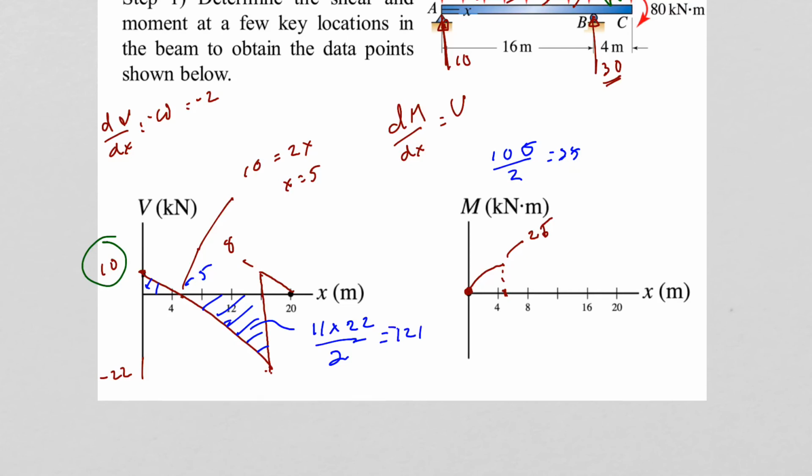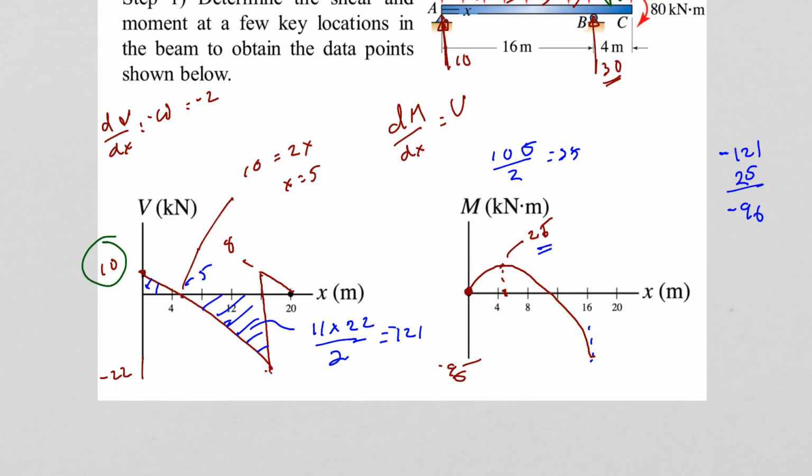So we're going to be subtracting 121 from this, and then adding our 25 to it, which is this value here, gets us to a negative 96. So we're going to be going down to a negative 96 at some point here along 16. So this will continue on down to a negative 96.